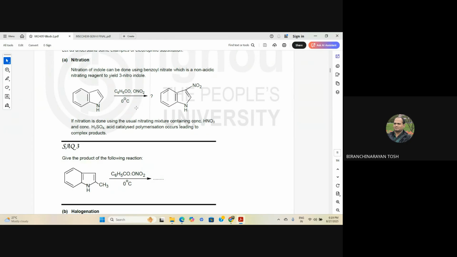If nitration is done using the usual nitrating mixture containing nitric acid and concentrated sulfuric acid, acid-catalyzed polymerization occurs, leading to a complex product. So we cannot take the usual nitrating mixture; rather, we have to take benzoyl nitrate for nitration.